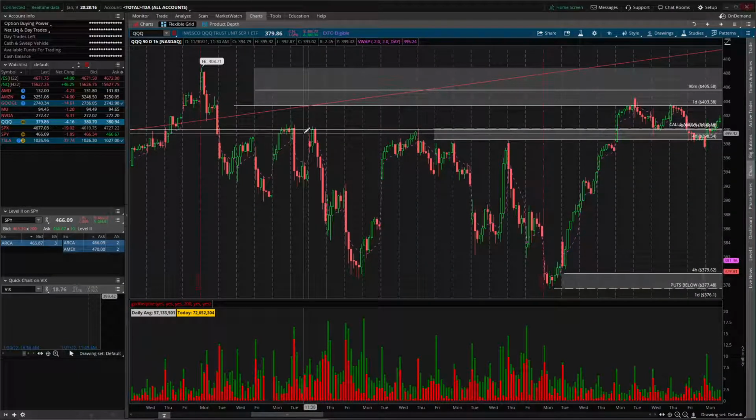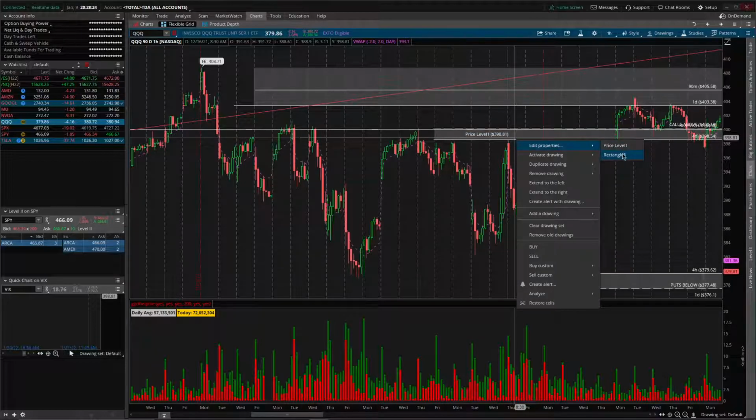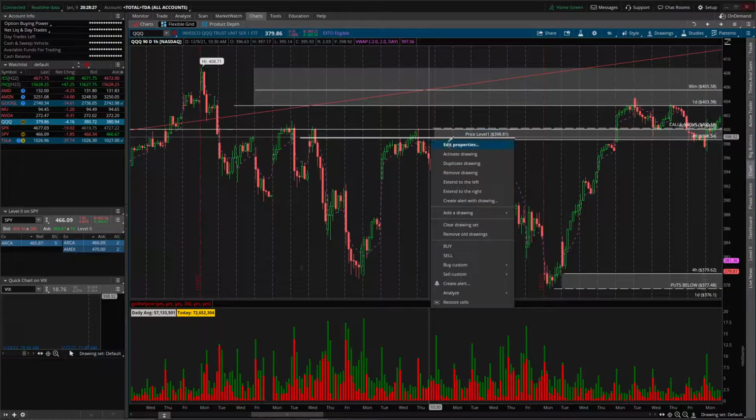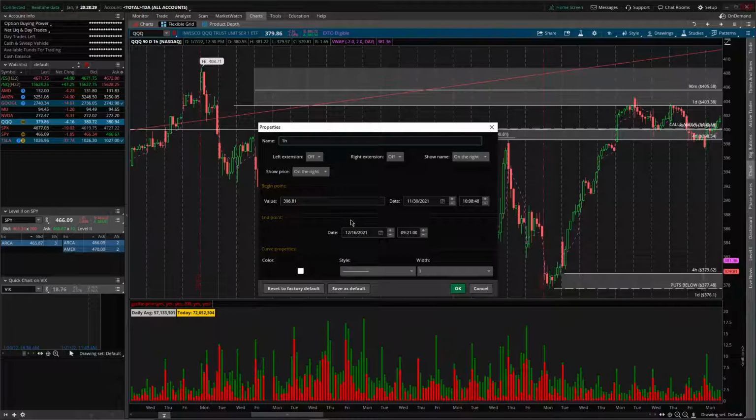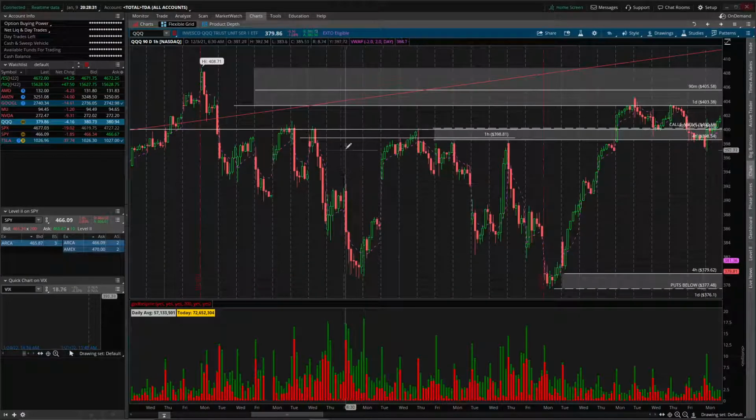This one can count too, right here. I just marked that. Just extend it to the right.